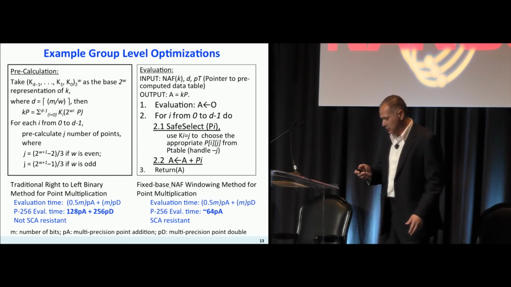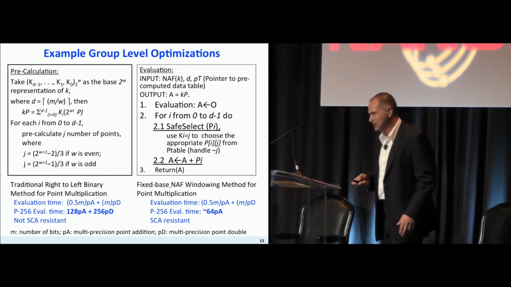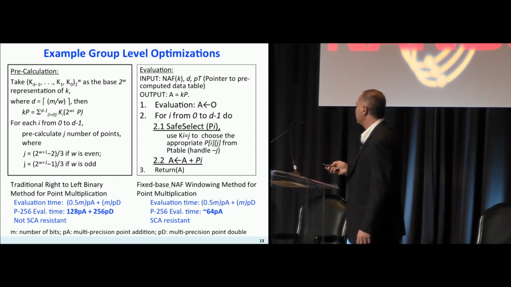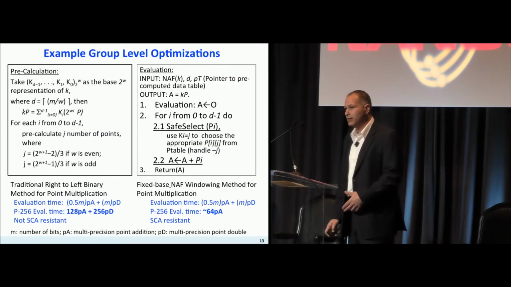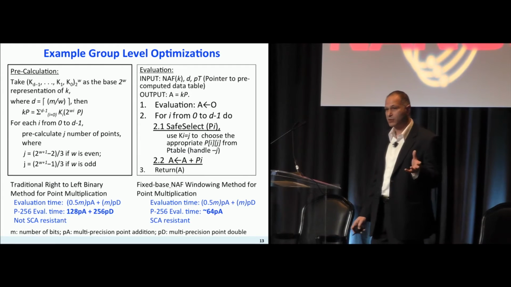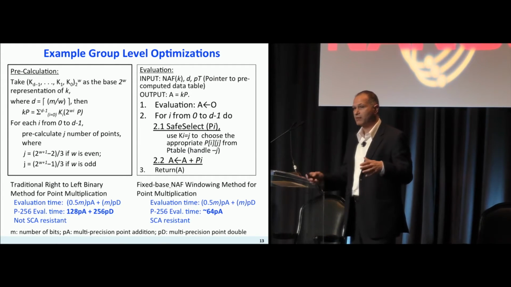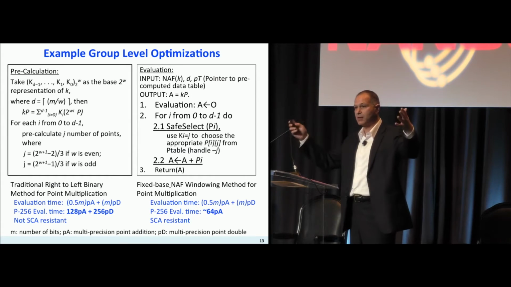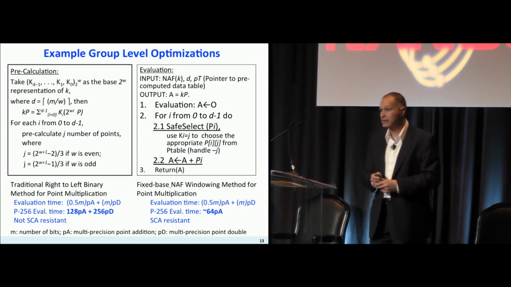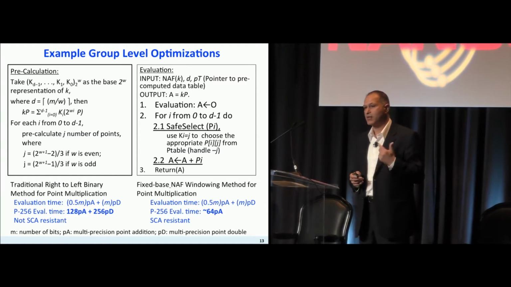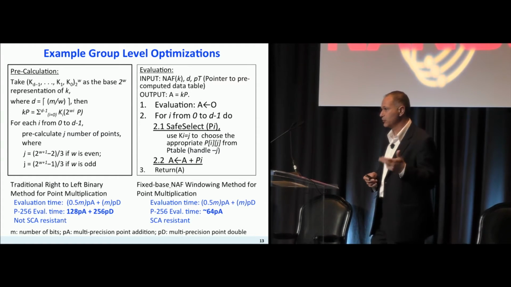Okay, I won't spend that much time on this one. There's a lot of information here, but really this is just an example where we start looking at lower levels, and a traditional point multiplication will take about 128 point additions and 256 point doubles. And remember that for P256, this is a 32-byte multi-precision integer. So these are not just adding 64-bit numbers or 32-bit numbers.